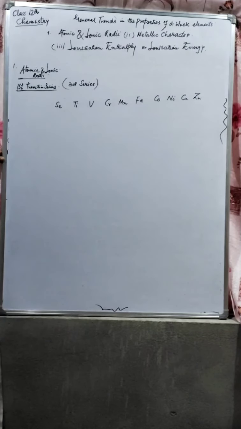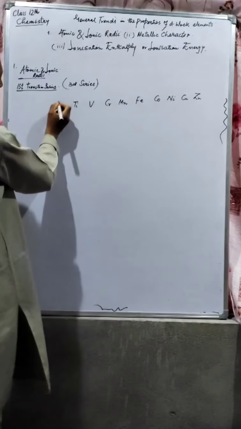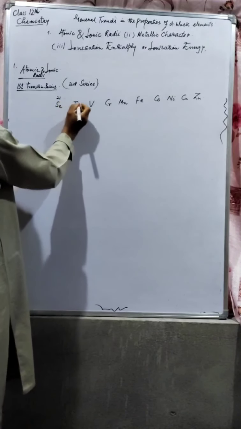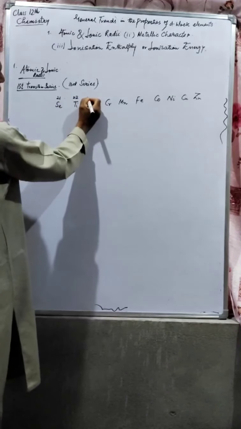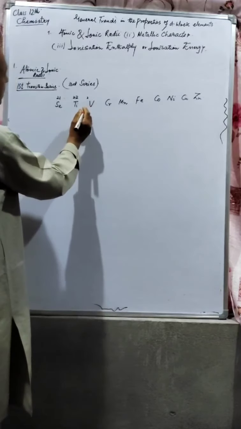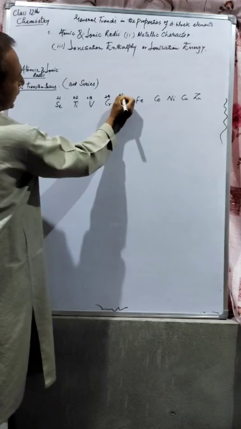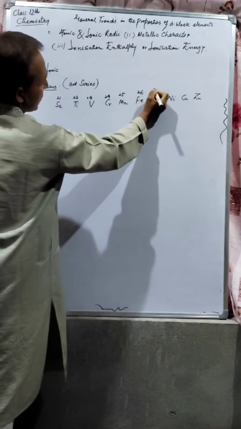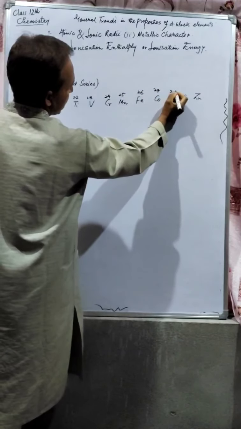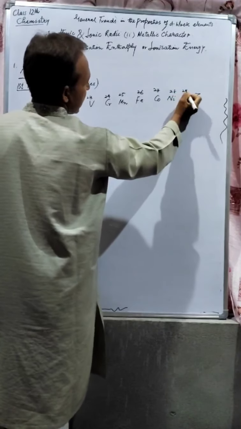And also I will write the atomic numbers: 21, 22, 23, 24, 25, 26, 27, 28, 29, 30.